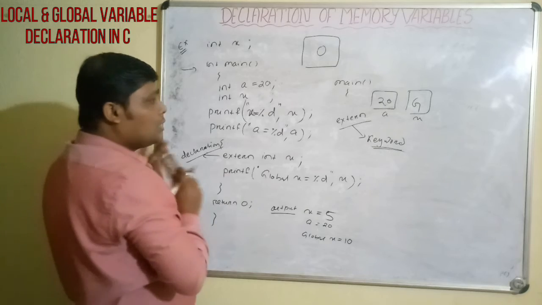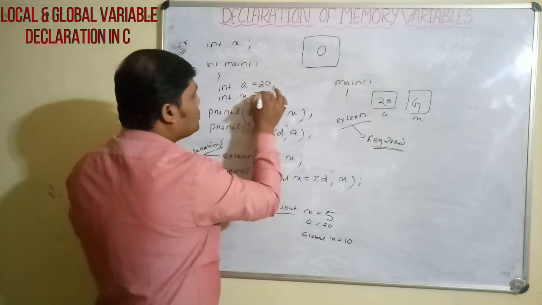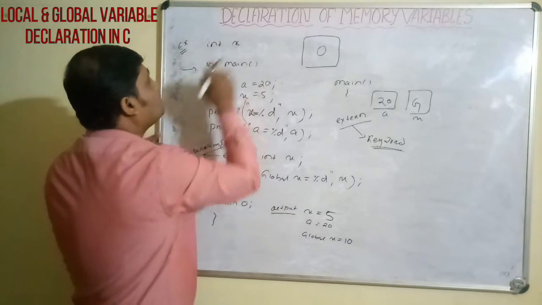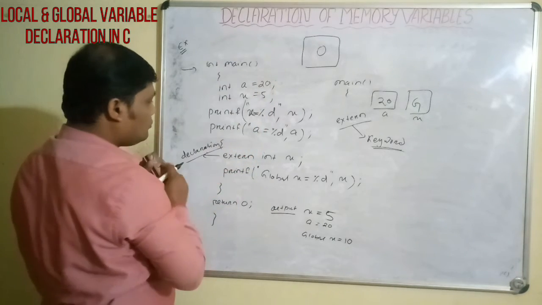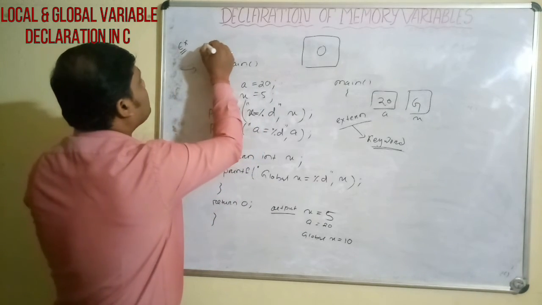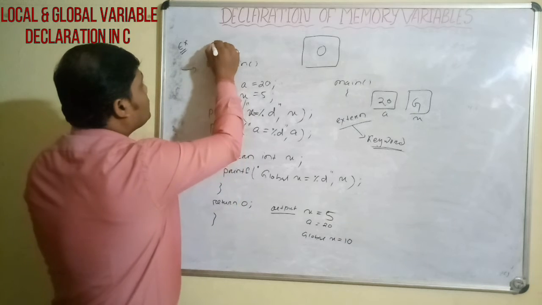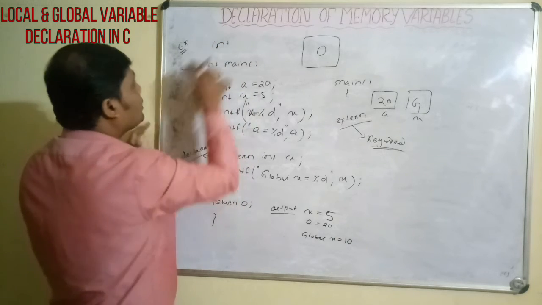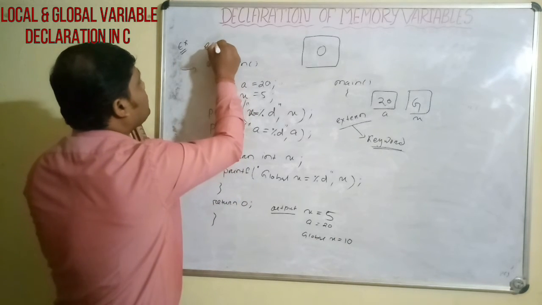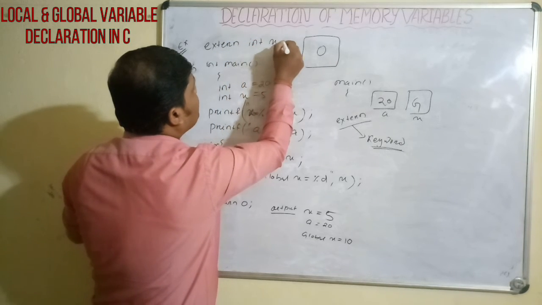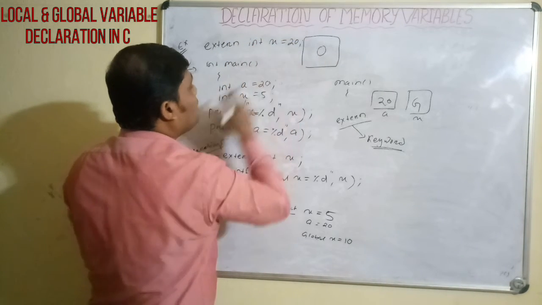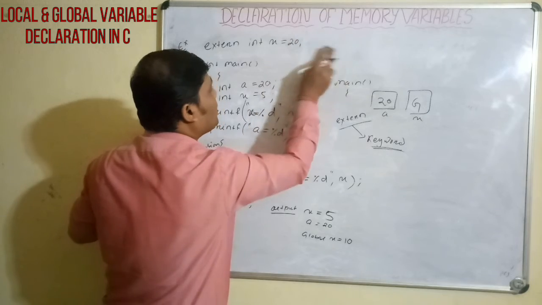Clear? Now see, suppose here I am writing extern int x equal to 20. Clear?